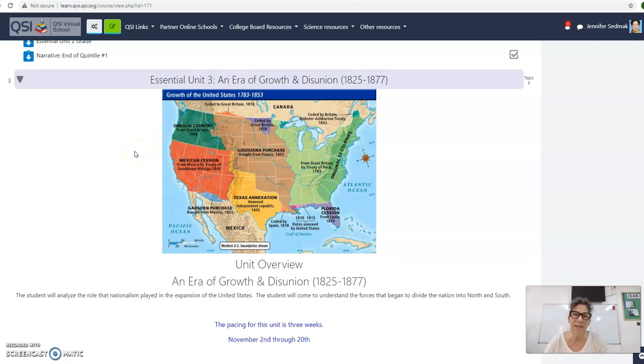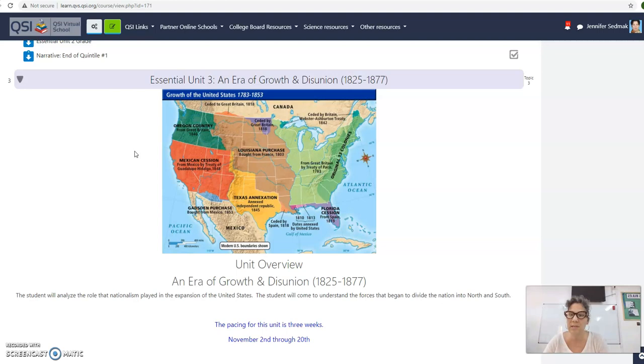So a lot happened. Also within the context of this time period, the country divided. I'm talking about all of these land acquisitions, but through all of these land acquisitions, there was really a big conflict over the expansion of slavery. As the United States gained more territory, the question was whether or not to let the institution of slavery expand into that territory.